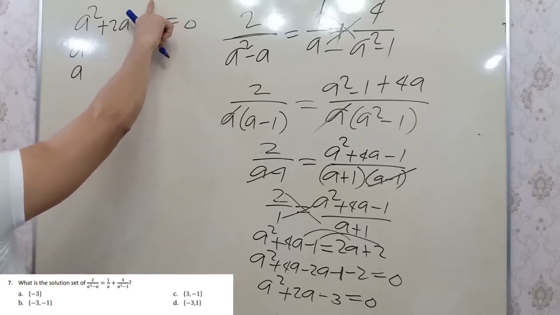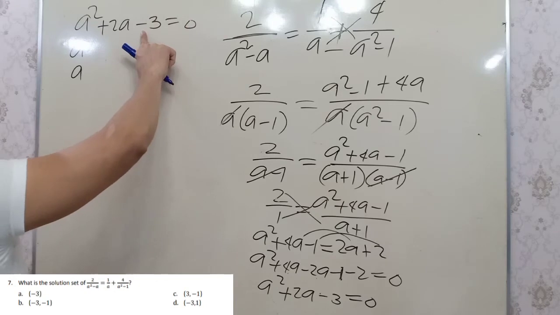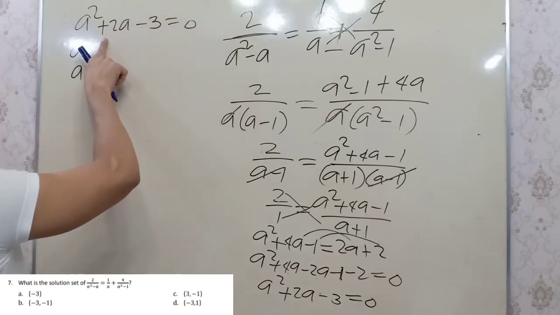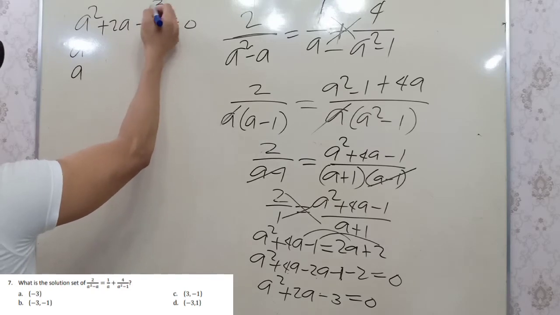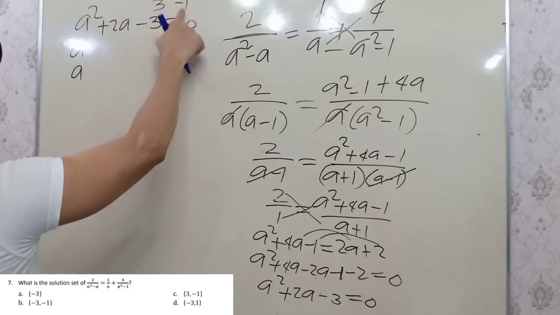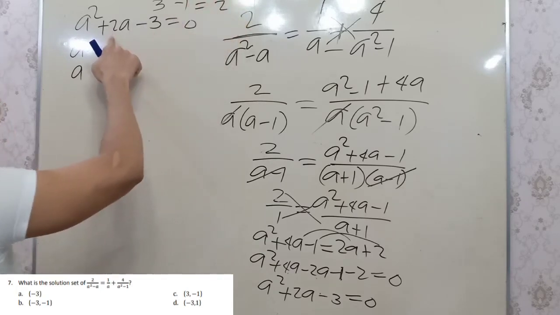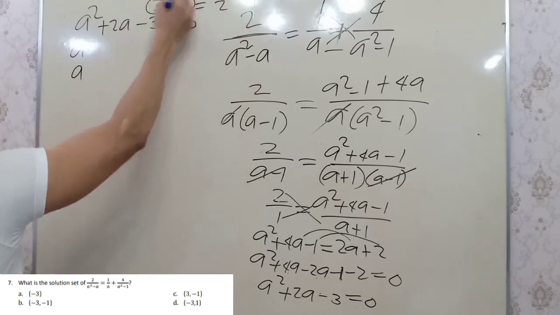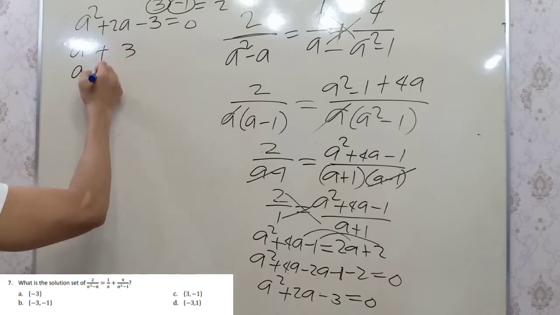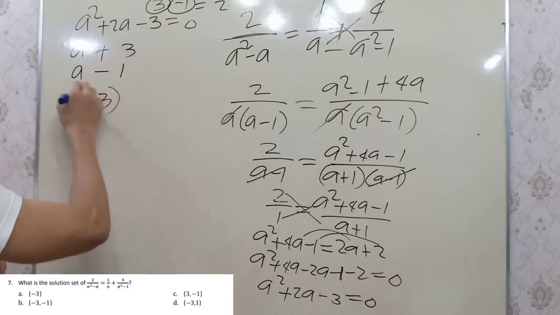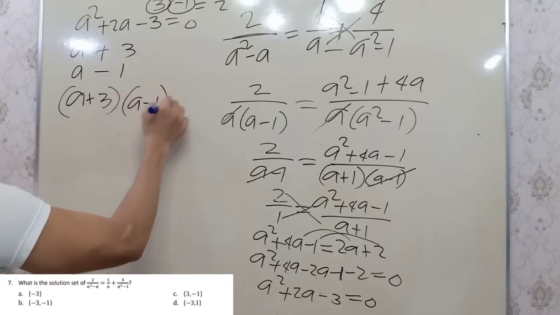Kasi 1 is negative, 1 is positive, kasi negative siya. Pag i-add natin yan, negative 3 plus 1, that's negative 2, which is not the middle term, okay? Change natin yung sign, 3 and negative 1. 3 plus negative 1, that becomes 2. Positive, which is the middle term, so ito yung factors natin, okay? So, plus 3 minus 1, okay? There you go. So, a plus 3, yung factors natin, a minus 1 is equal to 0.